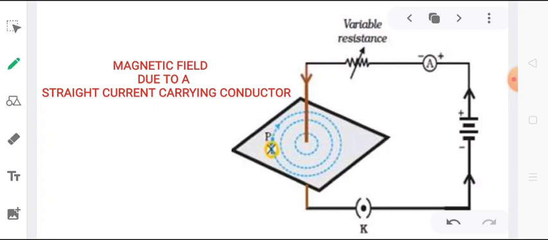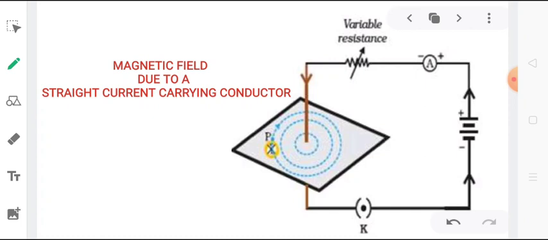Now let us begin today's class with the understanding of this experiment regarding magnetic field due to a straight current carrying conductor. This is the experimental setup that is commonly employed to study what is the nature of magnetic field created when current flows through a straight conductor.